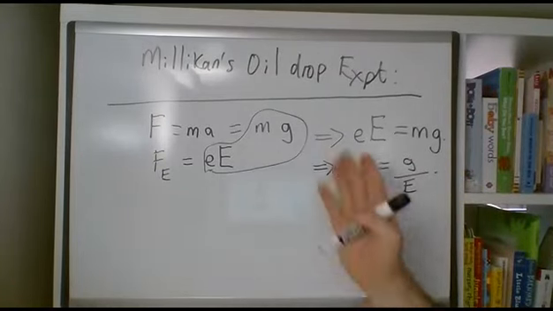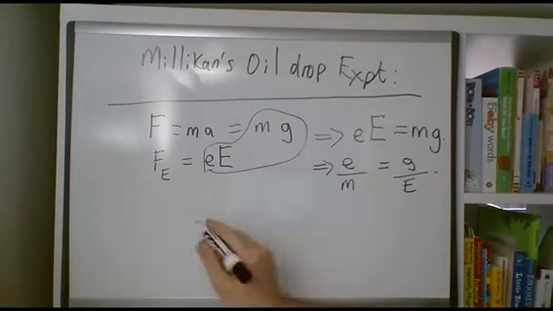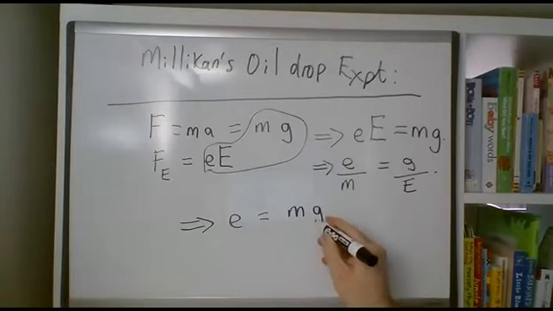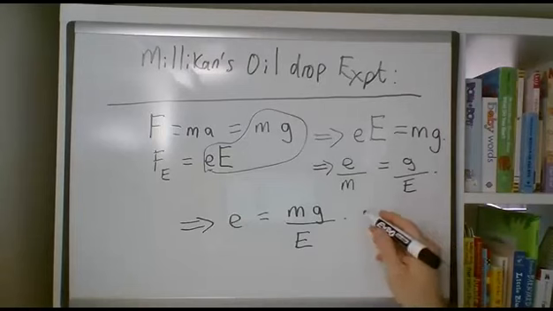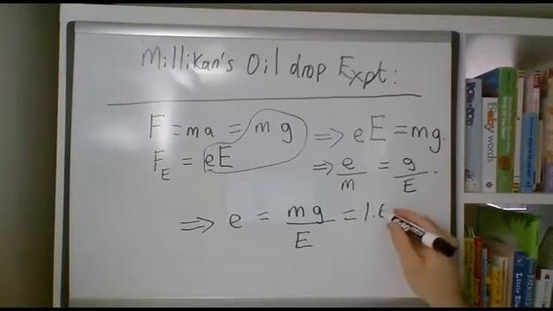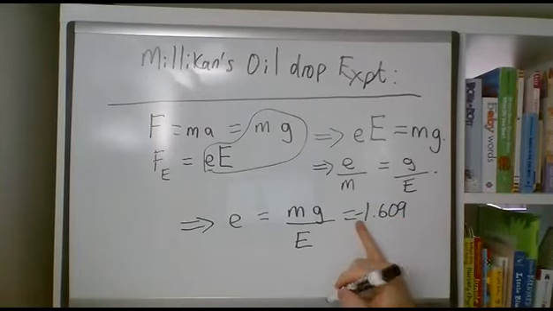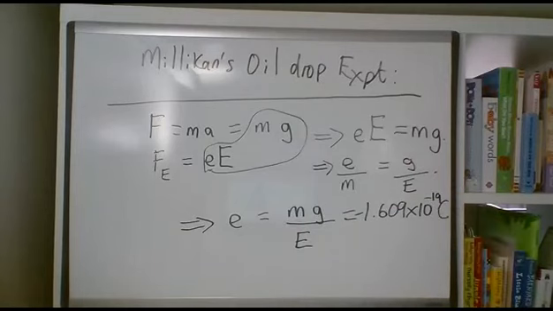So this is a link to the previous calculation we've just seen. Millikan wanted to look at the charge. So he knew that the charge was just mass times gravitation, which is force, divided by the electric field. And this is the electric charge. This is numerically equal to 1.609, negative, it's a negative charge, by 10 to the negative 19 coulombs.